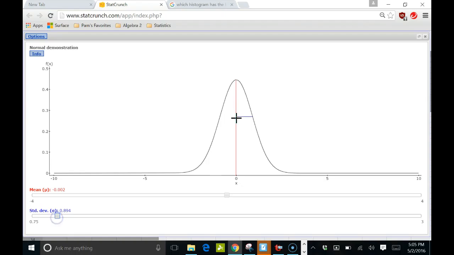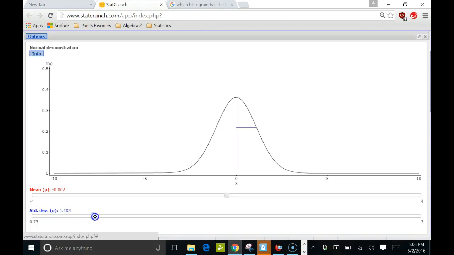Do you see how that distance from the center to the curve is getting smaller? There are more points closer to the mean. When I make the standard deviation bigger, focus on that blue line, you could see it's becoming short and fat. The proportions that exist in a normal model stay the same, except kind of the shape, whether it's close in and really condensed or more spread out, is what changes.